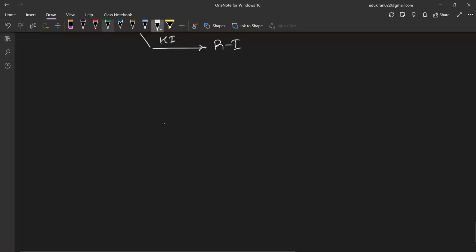Write the next one. The third one is using thionyl chloride. This is important.